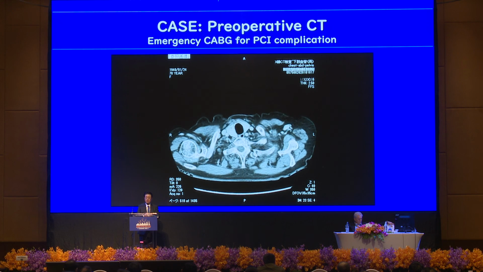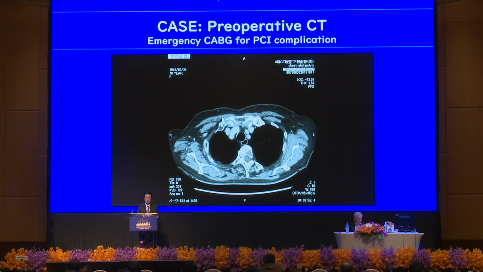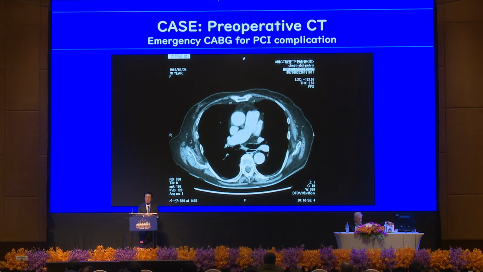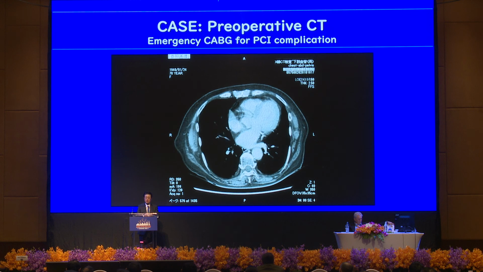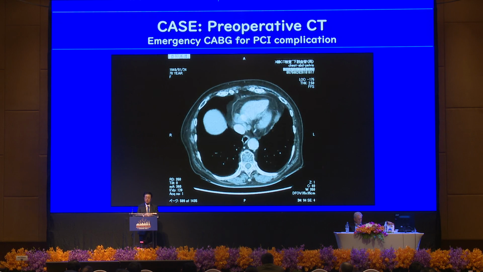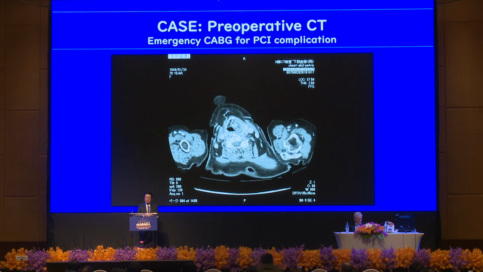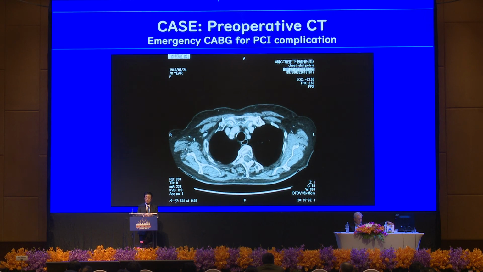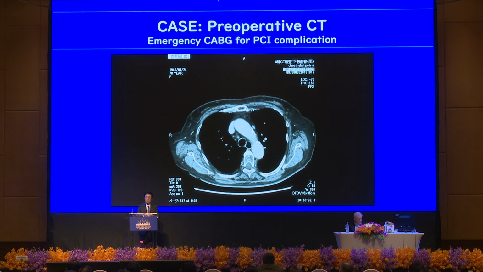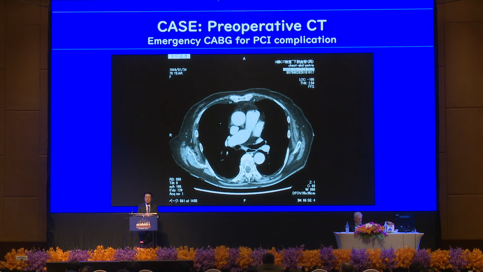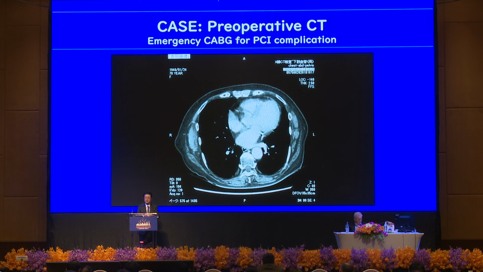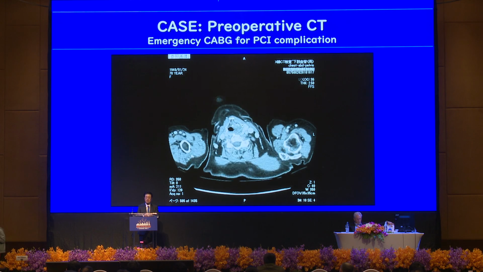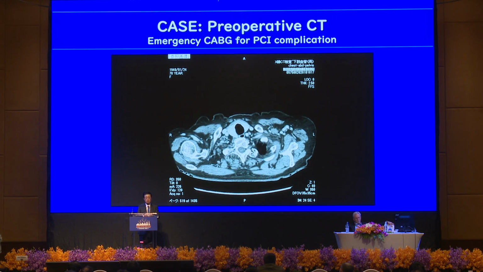We strongly recommend that cardiologists do a preoperative CT angiogram for high-risk PCI, to look not only at the calcification of the coronary artery, but also at the calcification or disease of the ascending aorta or systemic arteries, because that patient ended up requiring a balloon pump and an emergency chest opening.